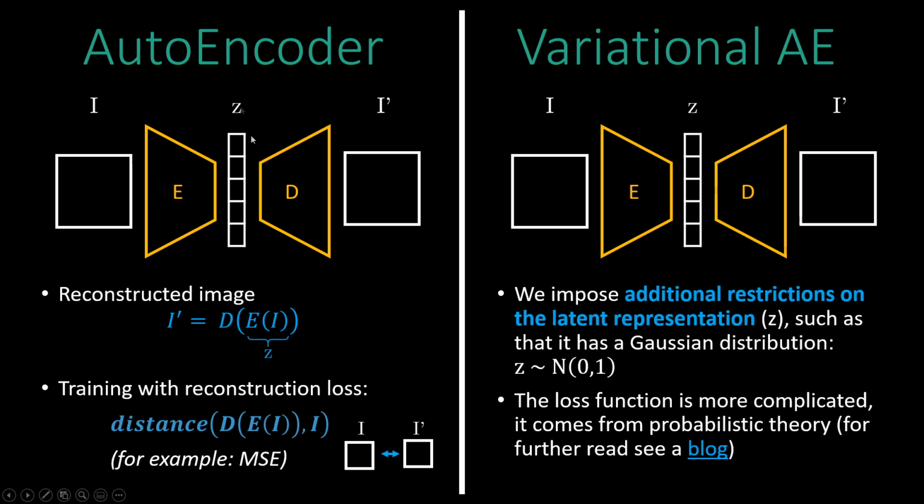Where here we allow it to have whatever it wants in there, however large the numbers, and we just train end to end, in the variational autoencoder we are trying to impose some additional rules. One of them is, for example, that this latent vector should have a Gaussian distribution.